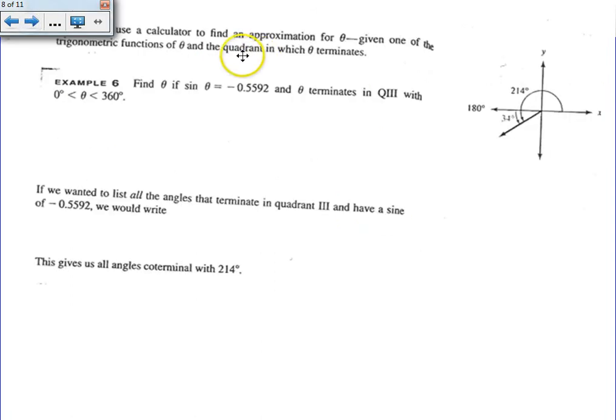Moving on. Okay. This will come back to the adding and subtracting 360 stuff. So find theta if the sine of theta is negative 0.5592 and theta terminates in quadrant 3 and it's between 0 and 360. So they're just eliminating the option of us giving them a negative theta. So let's see here.